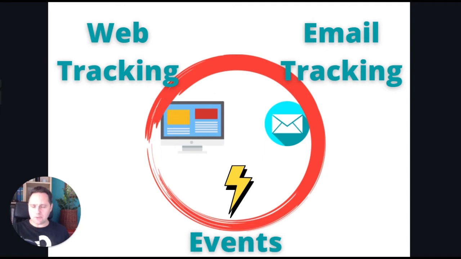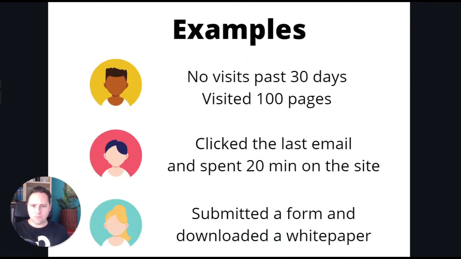Just a couple of examples of what this tracking allows us to do. For example, with the help of tracking, you can identify your contacts individually. You can separate contacts who used to visit your website, for example, they already visited 100 pages on your site, but then suddenly stopped visiting in the past 30 days.